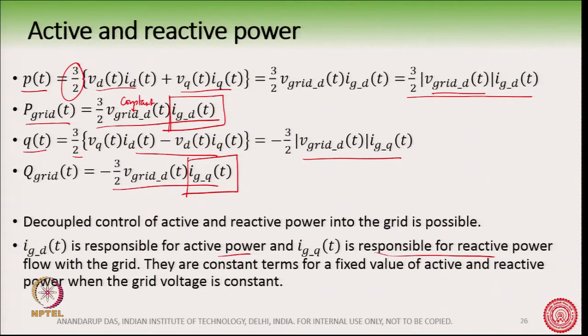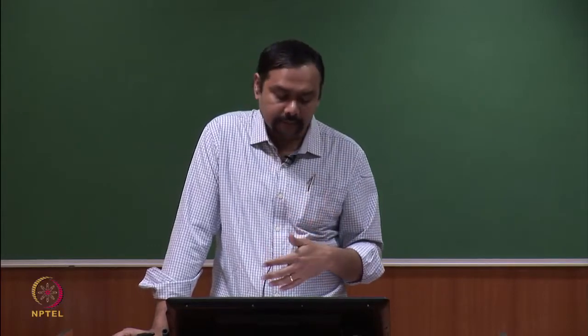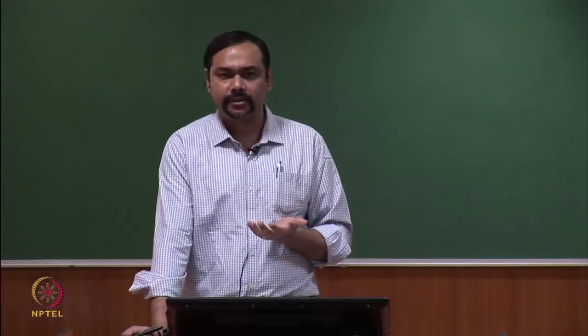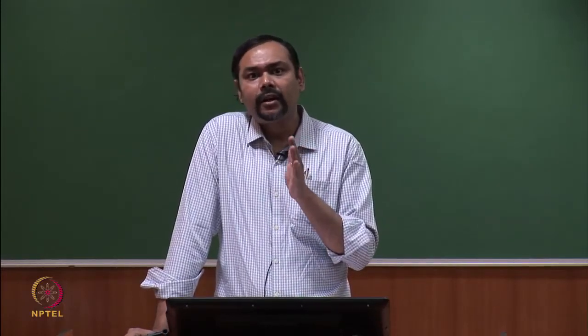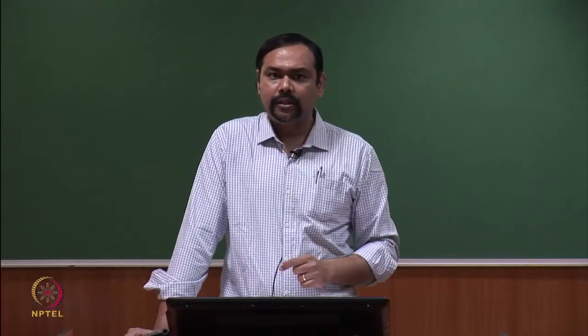So, this is a decoupled control, they do not affect each other, and that is why this term vector control strategy comes. Like in a machine, we say that we will control the torque and the flux independently. With the d axis current we will control the flux, and with the q axis current we will control the torque of the machine, independent of each other.